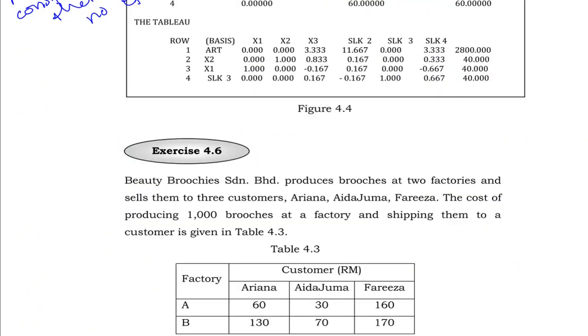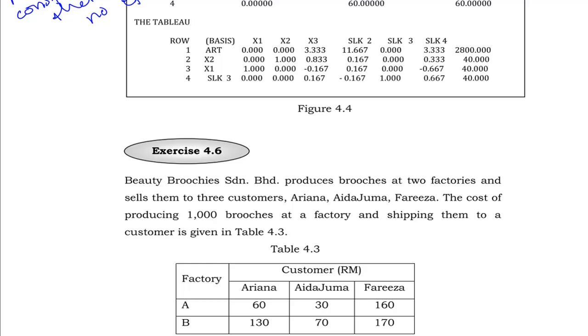Okay, we continue with exercise 4.6. Beauty brooches Sendirian Berhad produce brooches at 2 factories and sells them to 3 customers: Ariana, Aida Juma, and Fariza.